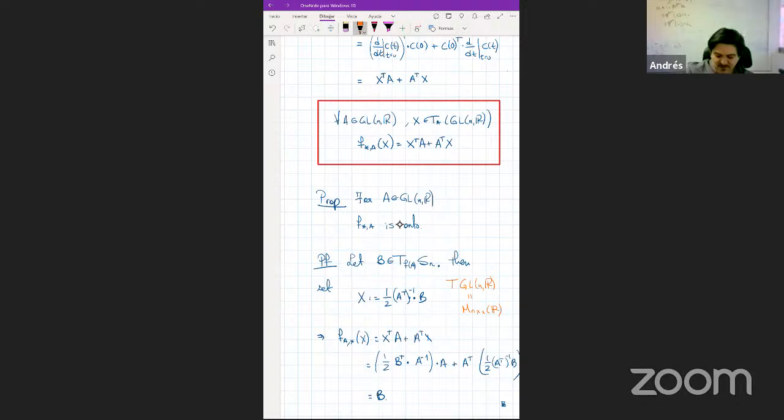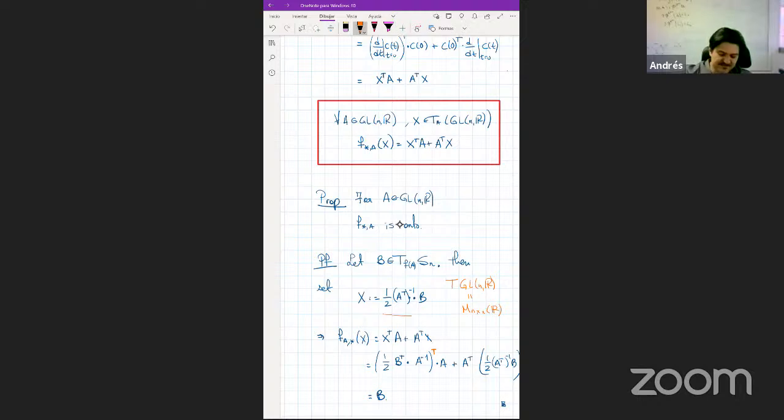Here I forgot to put the transpose. Oh no, I have already done the transpose, right?